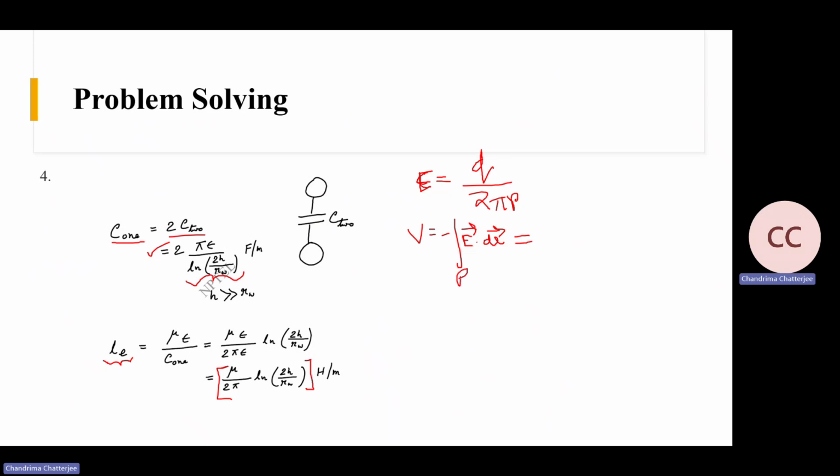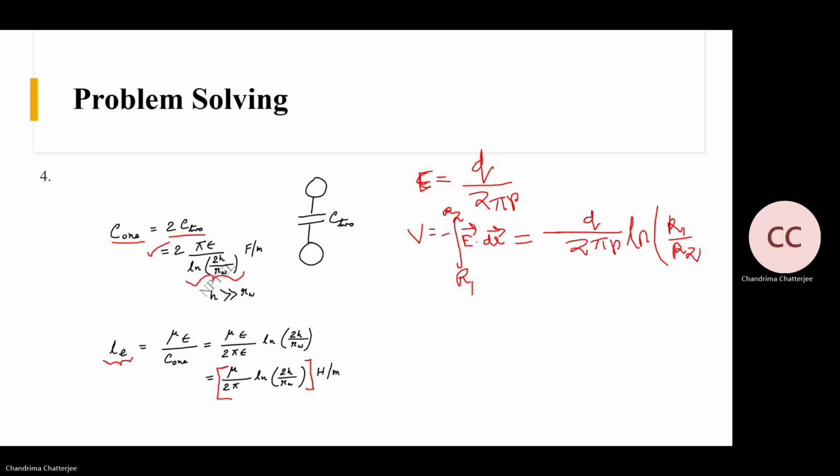Suppose there is some range R1 to R2. So this is dr. Then what we get is Q by 2 pi R ln R1 by R2 suppose.